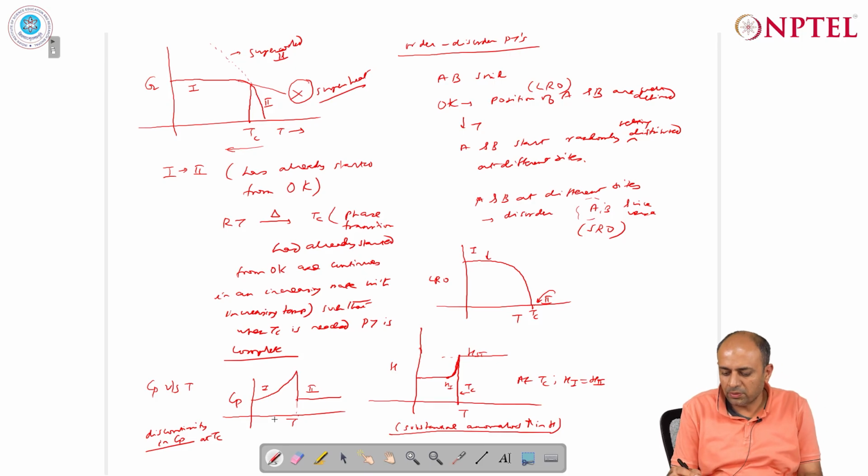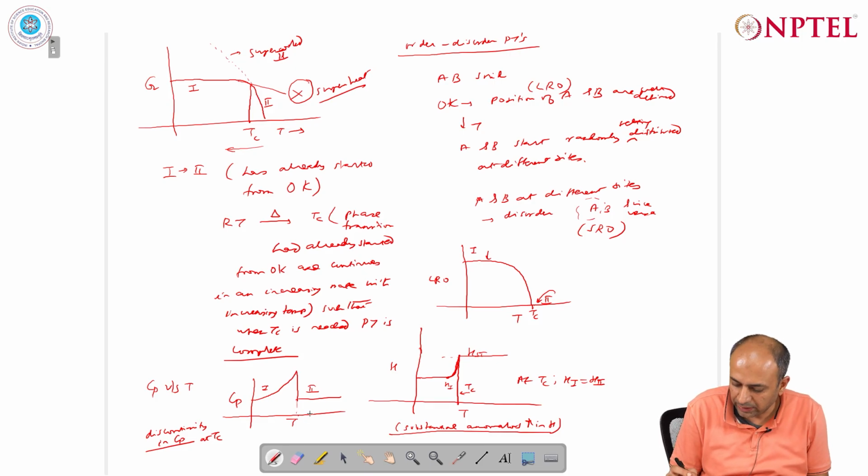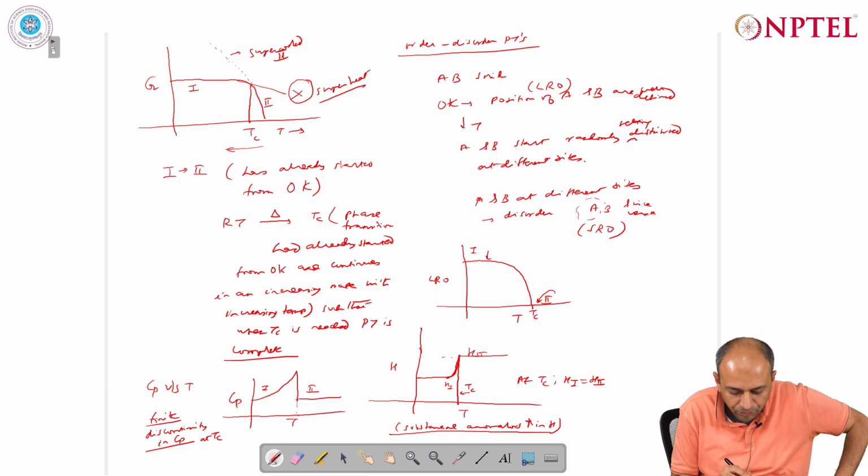So, you can now plot the specific heat capacity as a function of temperature, and you can see there is a finite discontinuity in Cp at Tc, and that characterizes the second order phase transition.